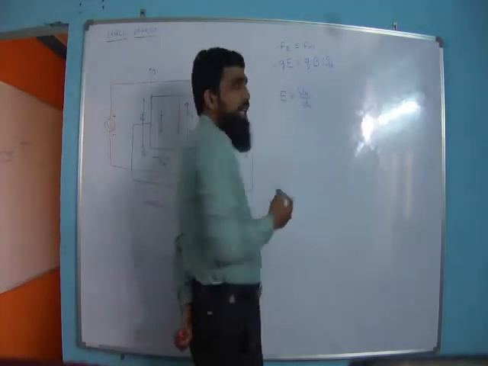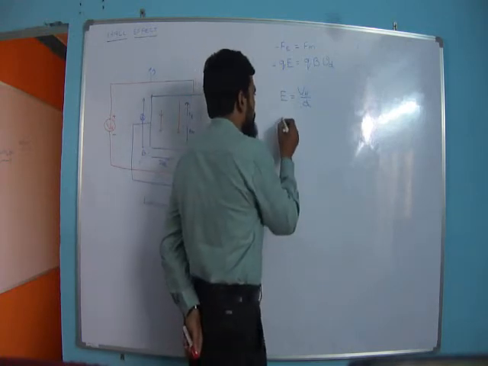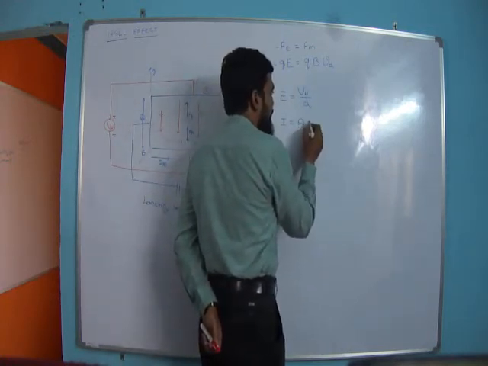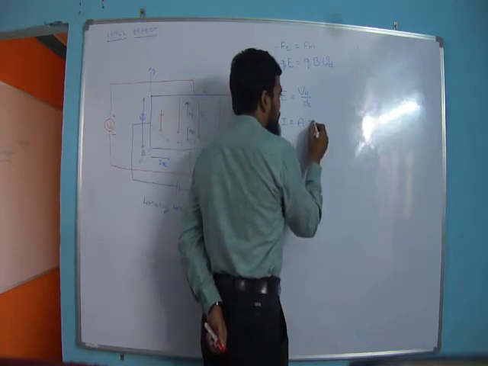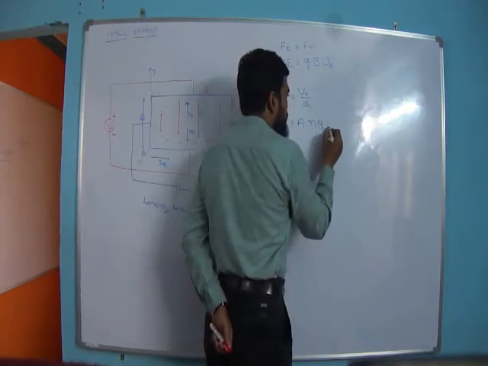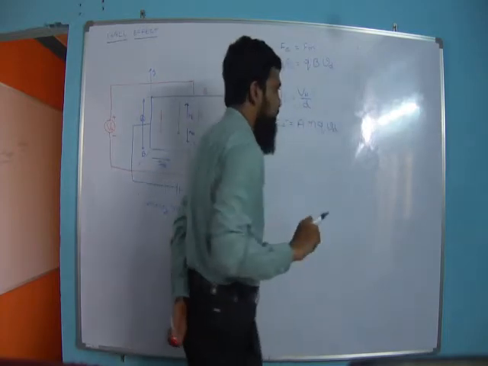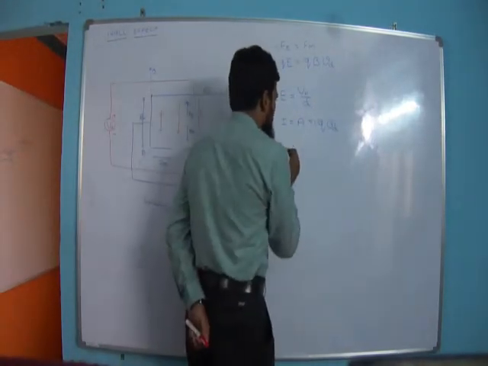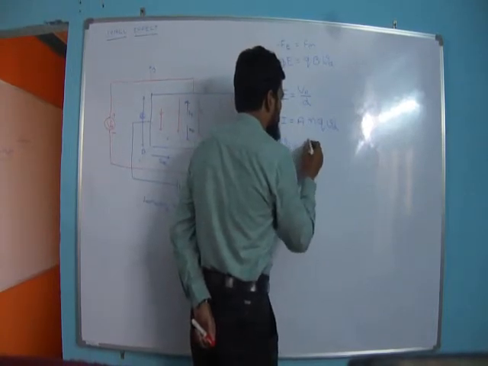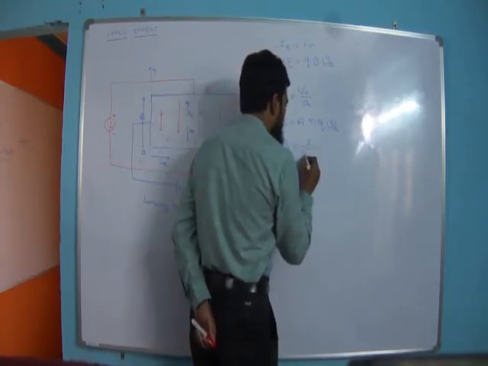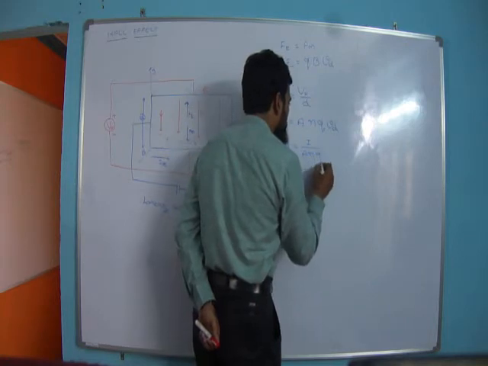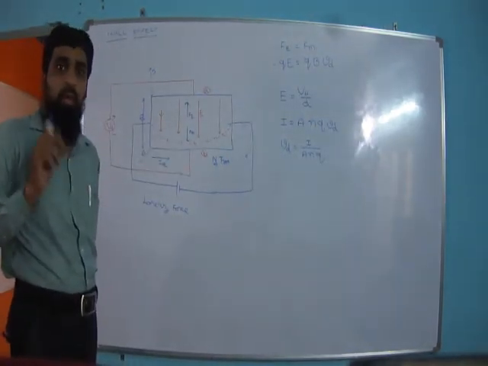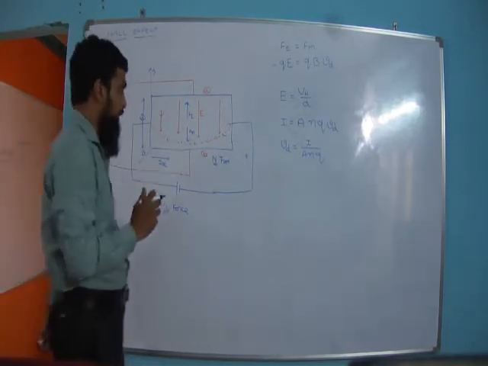Now let's write Vd in terms of I. We know the current can be written as area into NQ Vd. From this we can write Vd is equal to I by ANQ, where A is the cross-sectional area of your semiconductor. So what is A?